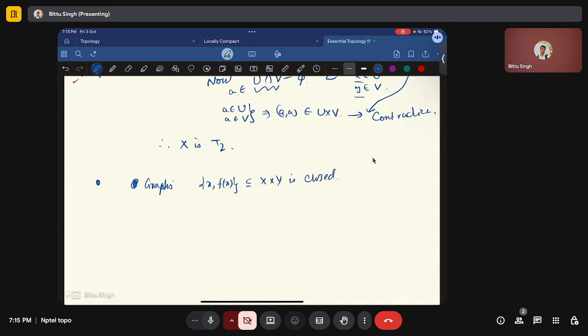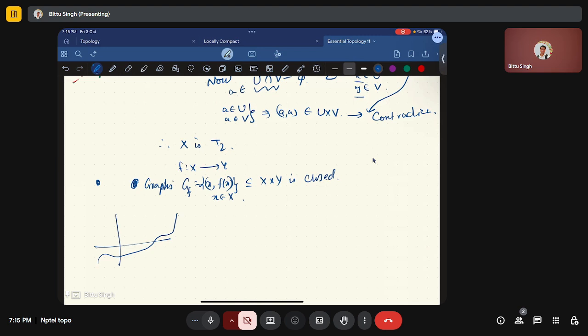If we assume X and Y both are Hausdorff spaces and f is a continuous map, then this is called the graph of the function, the set of x, f(x) such that x belongs to X. This is actually a closed set. If we take any kind of graph, then that will be a closed set.